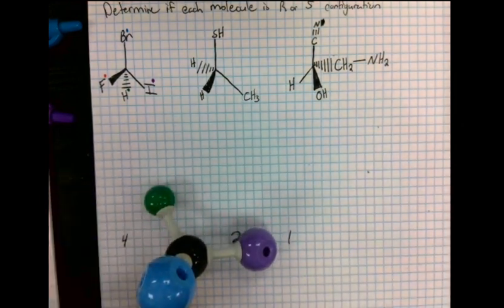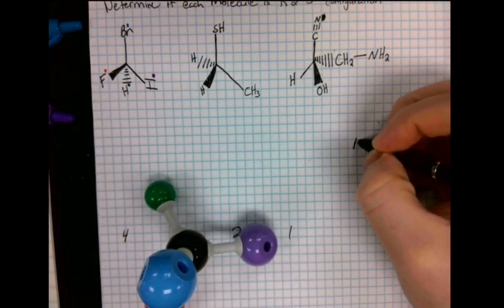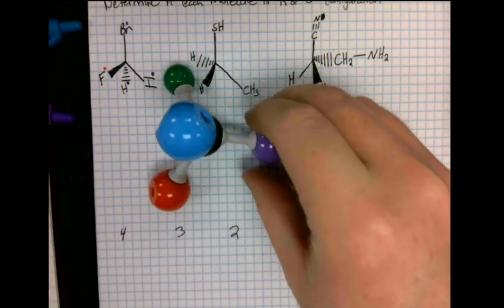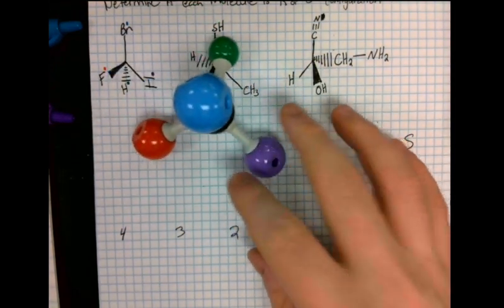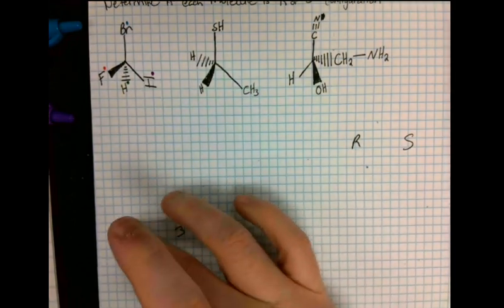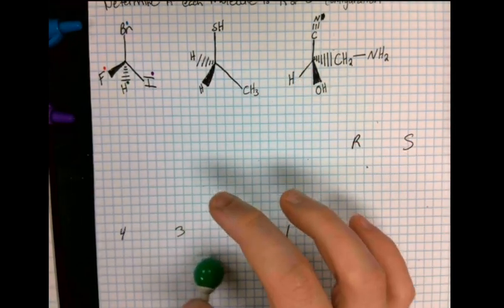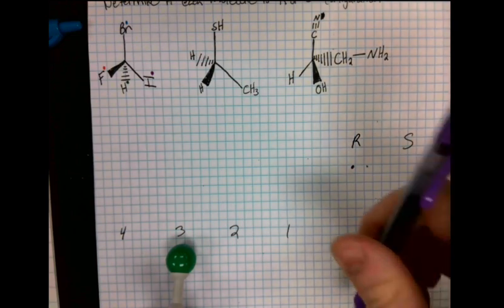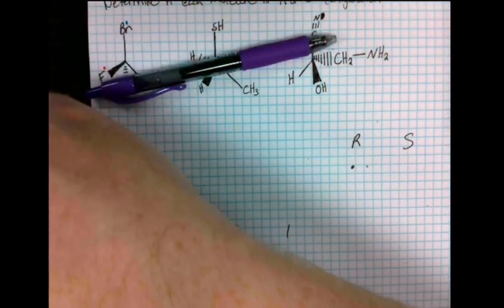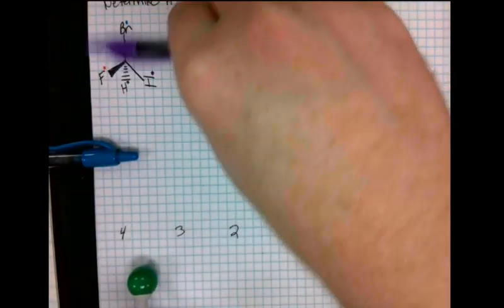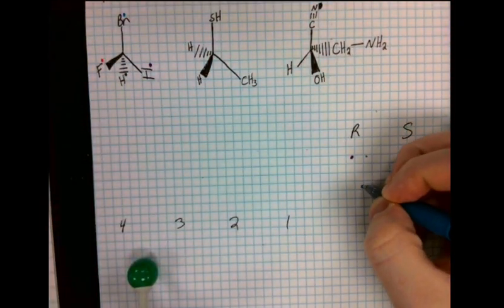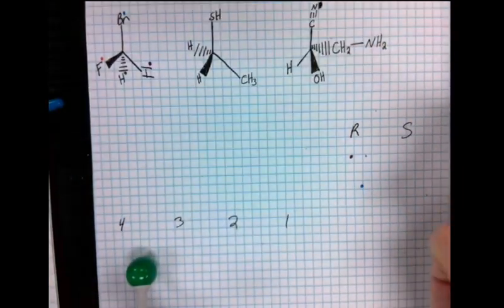Once you have this, you're trying to figure out if it is an R configuration or an S configuration. R configuration will mean that if you point the lowest priority, which in this case is green, backwards, you should be able to draw a clockwise circle from purple to blue to red.